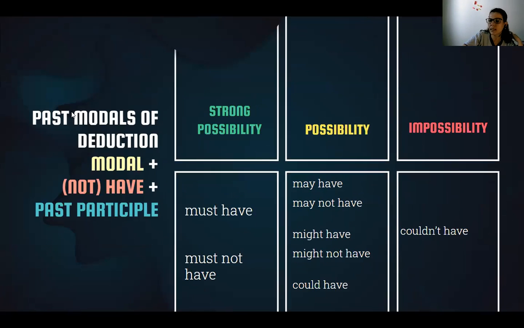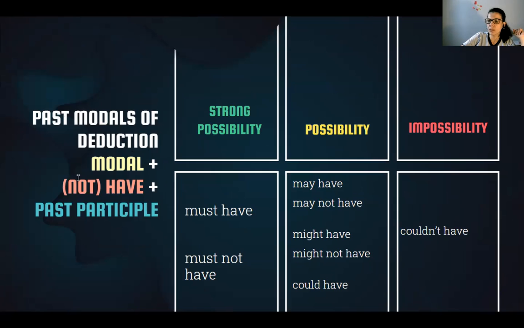These are modals, and we use them to talk about possibilities in a structure, okay? When we are talking about the past, they are called past modals of deduction. How do we use this structure?